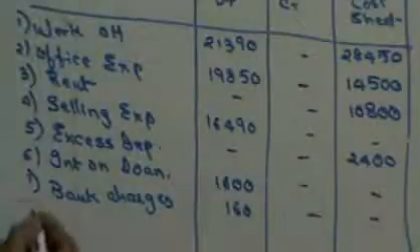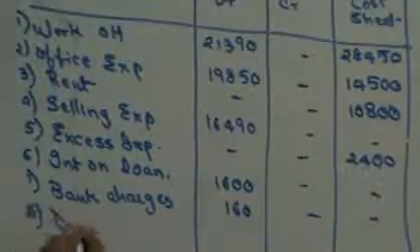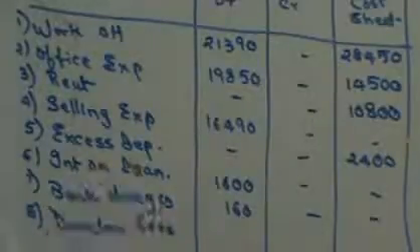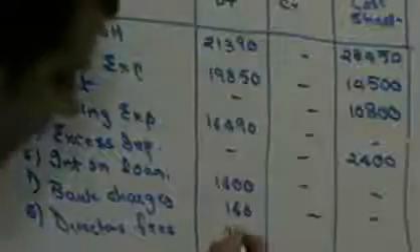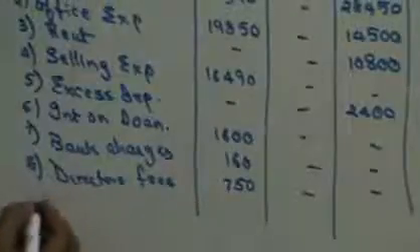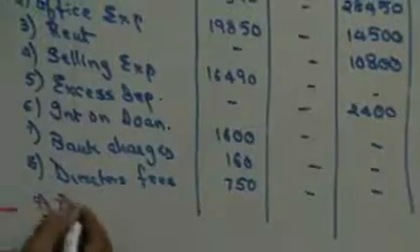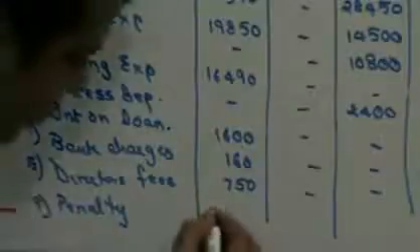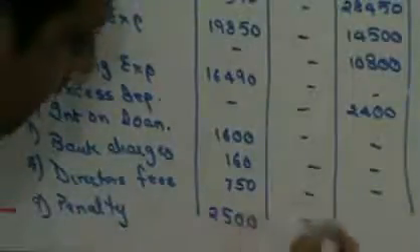Then you have directors' fees, given to you as 750. Then you have penalty due to late completion of project. Penalty due to late completion is 2,500.